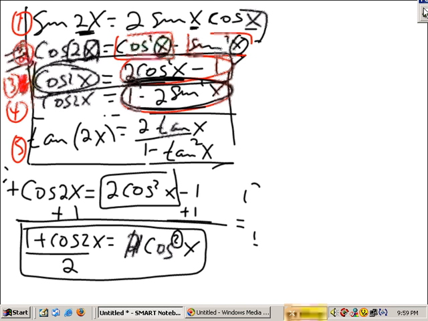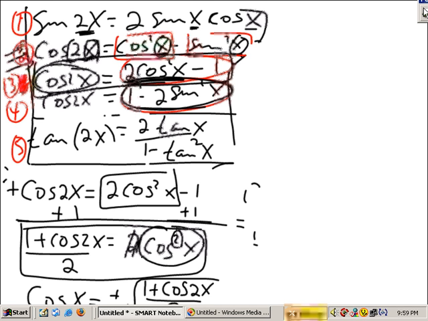Now, if you take the square root of both sides, cosine of x is equal to plus or minus the square root of the other side. This here is called, well, in a moment, it will be called the half angle formula.